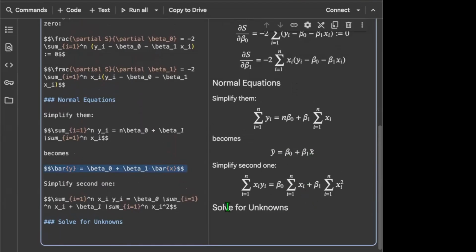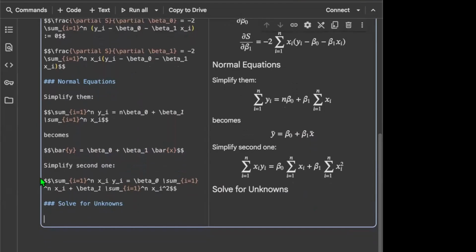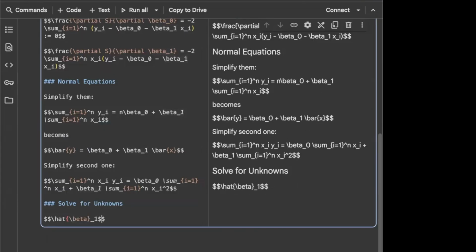And in doing so, you'll be able to figure out a solution that looks like the following. So let me write it out here. Beta 1. No, this is actually an estimate, right? So we have a hat here. Beta 1 hat. Let's not forget that.